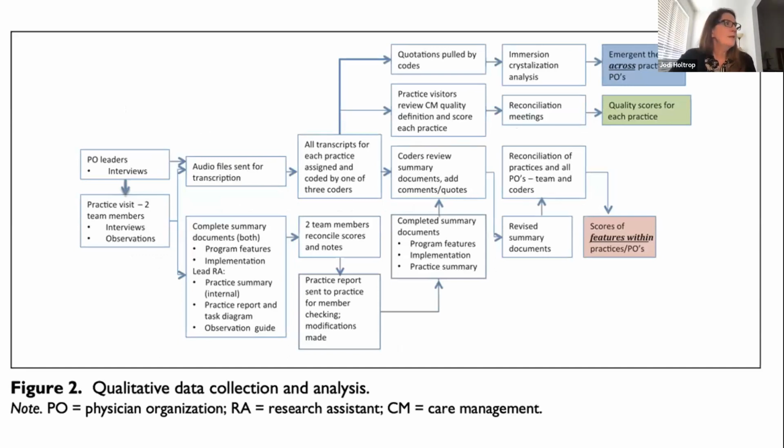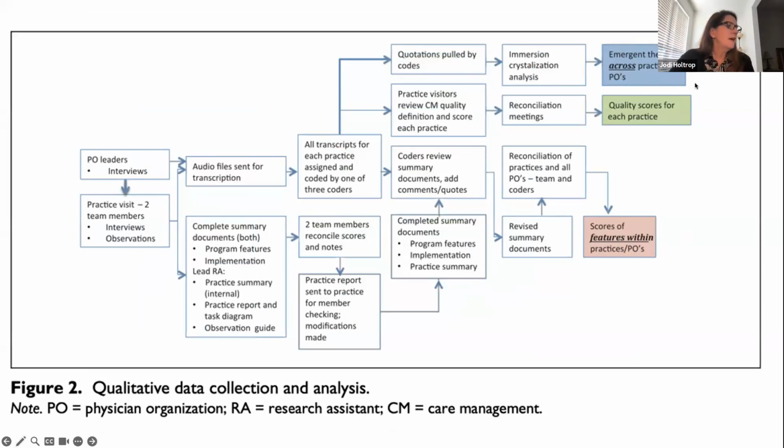What this is trying to illustrate is that this was all just the qualitative work that we did, and how we used all the qualitative data collection methods and analysis to get us to three different things. The blue box on the top right here is how we arrived at emergent themes across all practices.